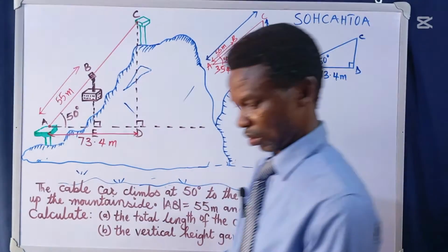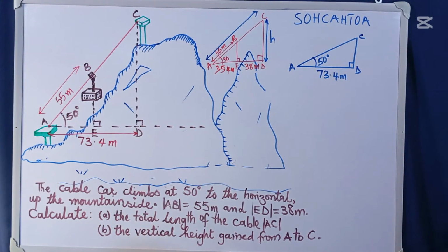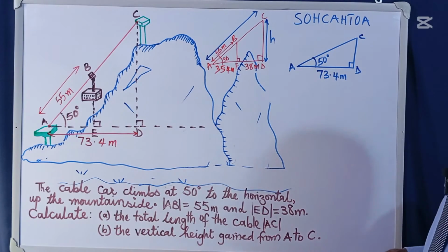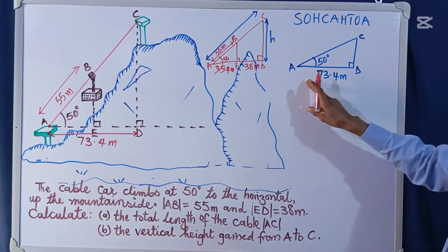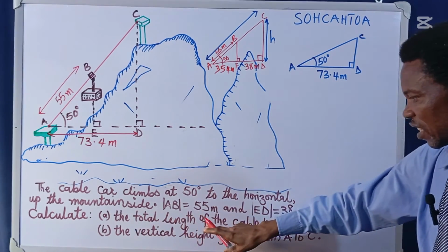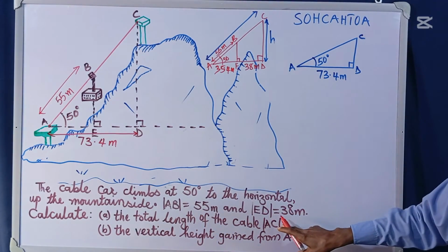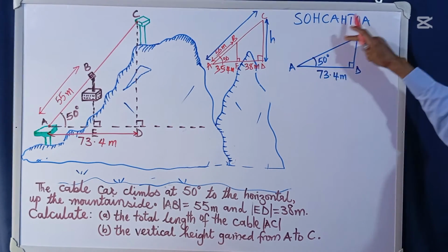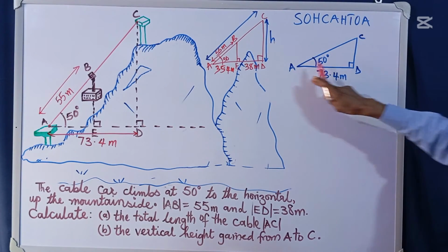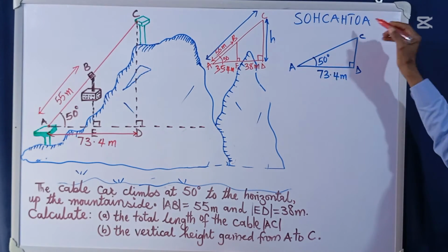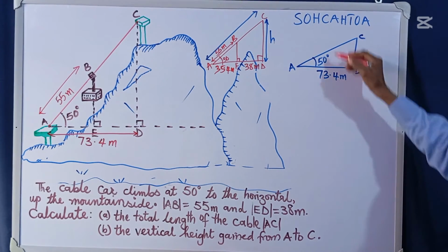So we want to get the length of the cable car, which is the total length of the cable AC. So the total length of the cable is the hypotenuse related to the adjacent. So which one connects hypotenuse and adjacent?